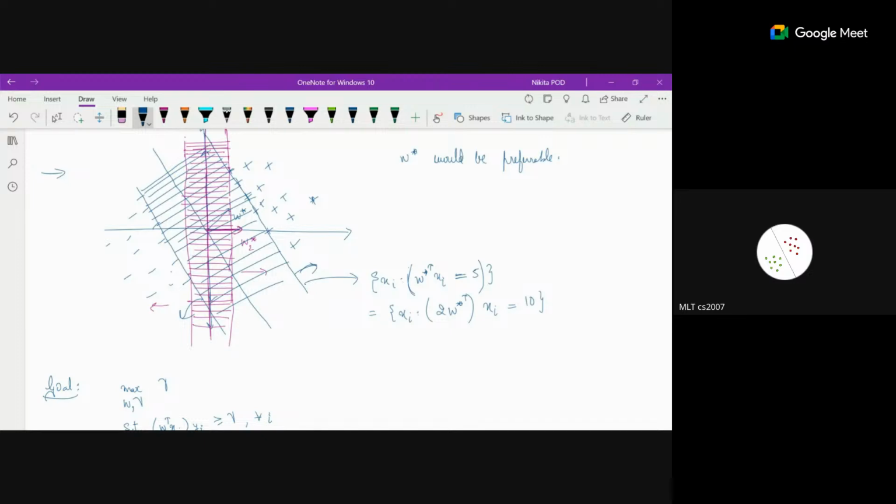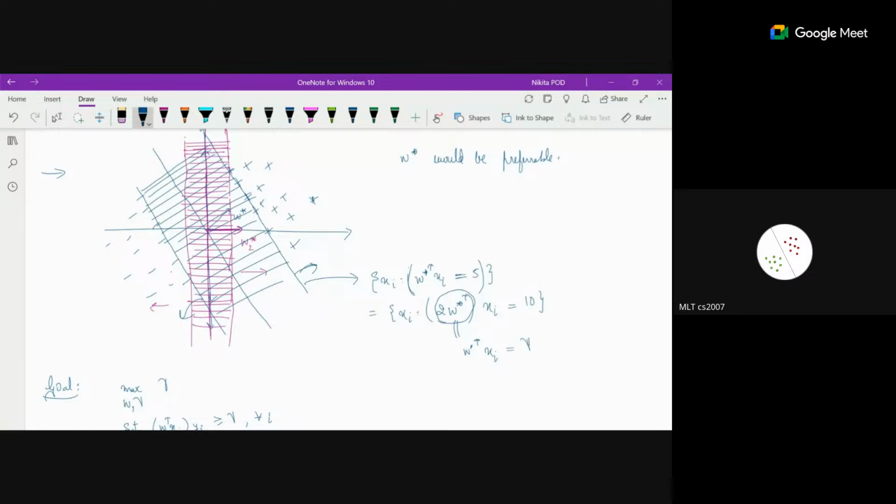But they are both the same line. Now this 2 times w star we can write as some other w, say w dash. So w dash transpose xi is equal to some gamma, right?